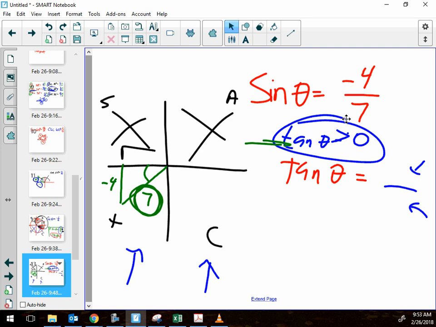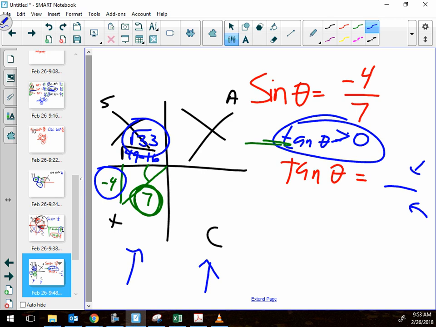Square root of 7 squared, 49, minus 4 squared, even -4 squared, either way, is 16. Do I add them or subtract them on this kind? Subtract them. What is 49 minus 16? It will be 33. So that's the square root of 33. And now tangent, TOA, opposite over adjacent: -4 over root 33.